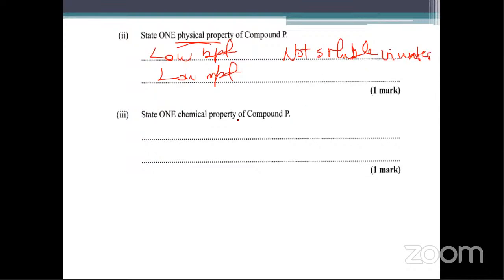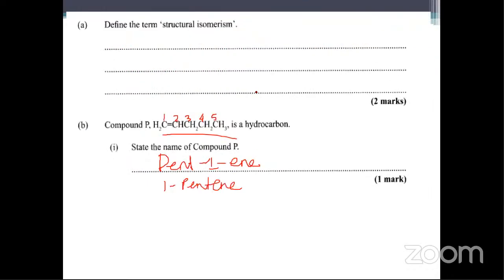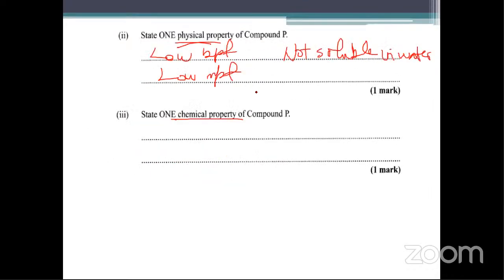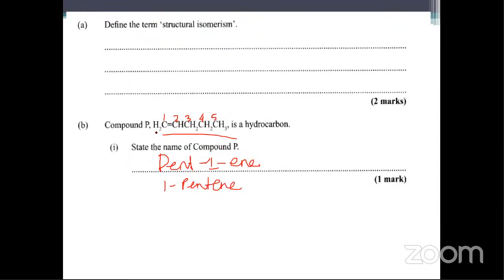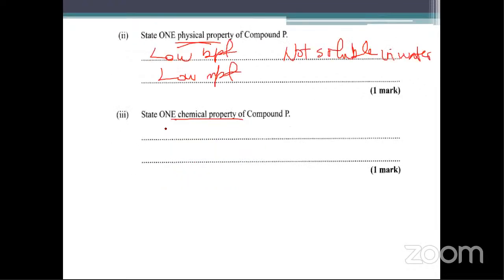Yeah. And then chemical property now. Remember, it's an alkene. You talk about the bonds. Because it's an alkene, a very easy thing to talk about here would be how it reacts with bromine water and potassium manganate.